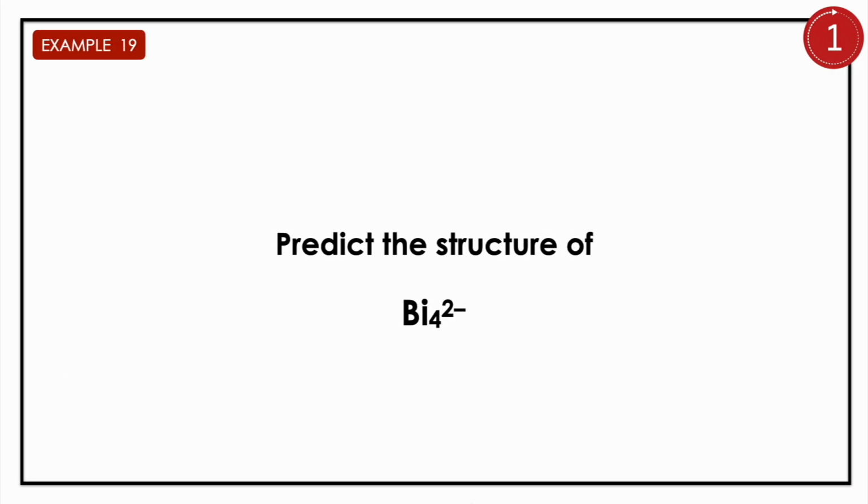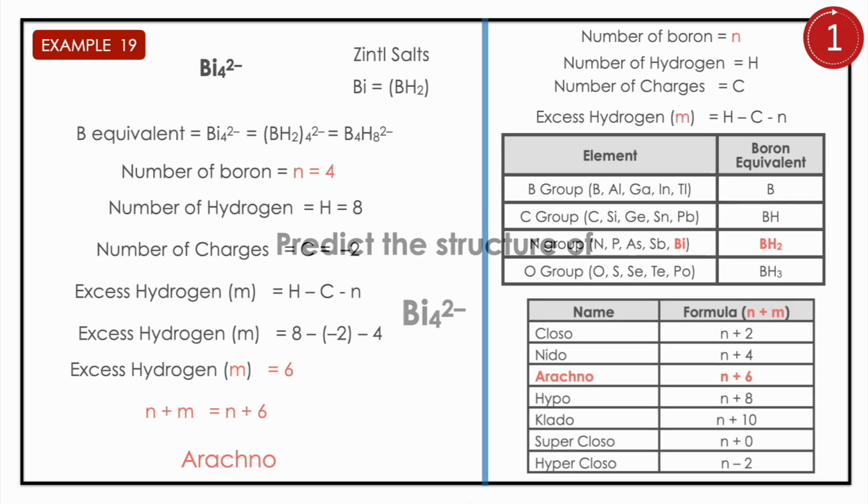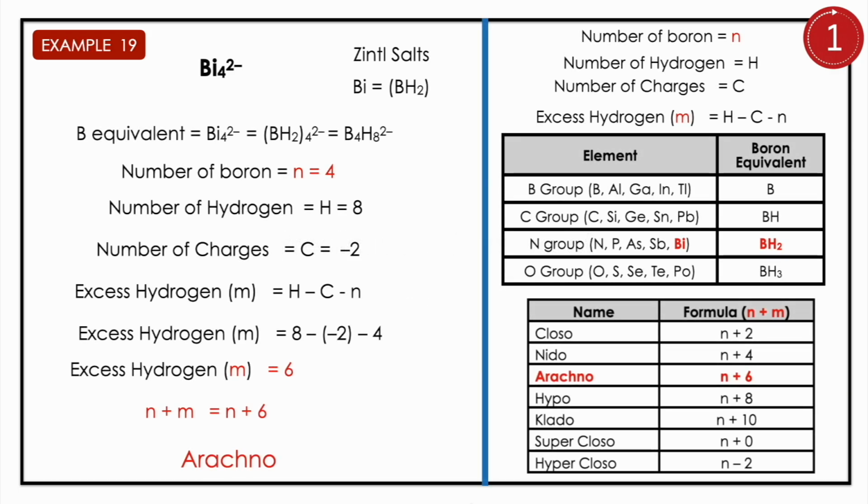Then the next example, here you have Bi4 2 minus, bismuth 4 times dianion. You should find the structure using Wade's rule. Here a bismuth metal salt is given. It is a cluster, clearly a Zintl salt.